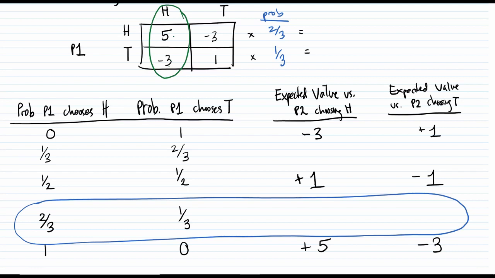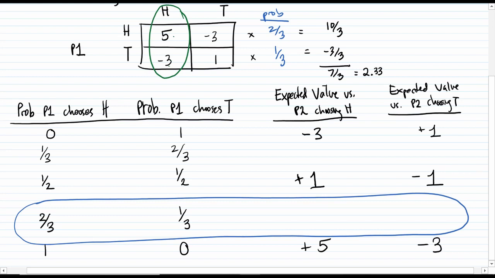So I'll multiply them across. 5 times 2/3 is 10/3. -3 times 1/3 is -3/3. And so altogether, I have a value of 7/3, which is equal to 2.33. So on the whole, I'll be winning about 2.33 points every time.